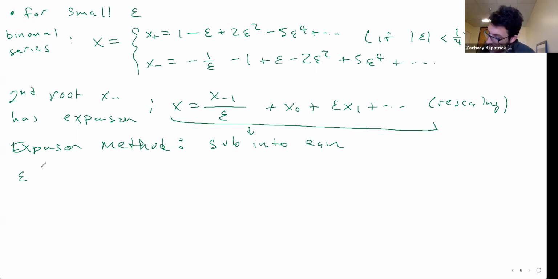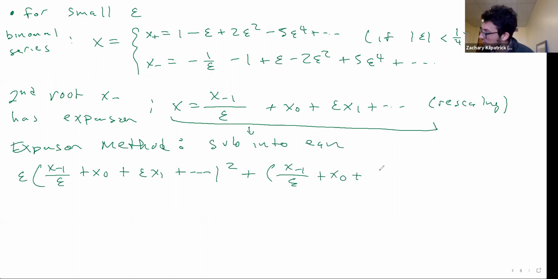We would get epsilon times (x -1 over epsilon plus x0 plus epsilon x1 plus and so on) squared, plus x -1 over epsilon plus x0 plus epsilon x1 plus so on, minus 1 equals 0, okay?